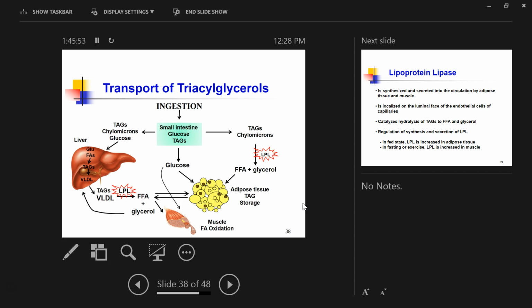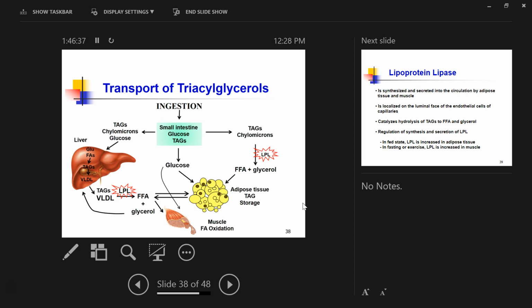And in the liver, lipogenesis is very active in the fed condition. The liver also has triglyceride synthesized from glucose, and that is packed into VLDL, which carries the triglyceride from the liver to adipose tissue. Triglyceride in both chylomicron and VLDL needs to be broken down by LPL, lipoprotein lipase, to release free fatty acids, and only free fatty acids can be taken up by adipose tissue.